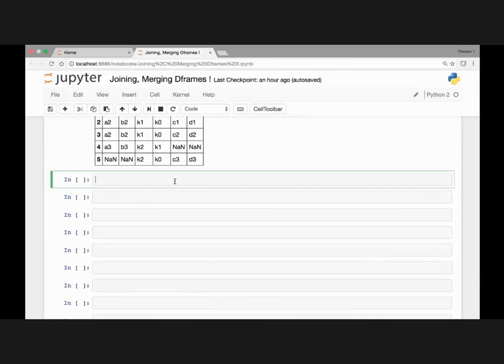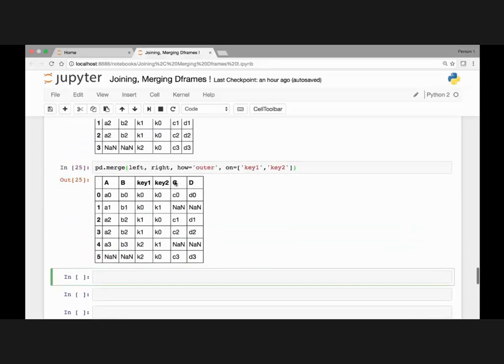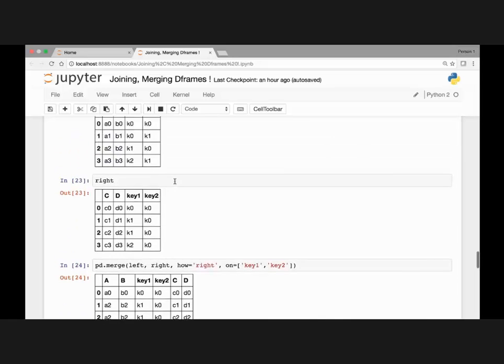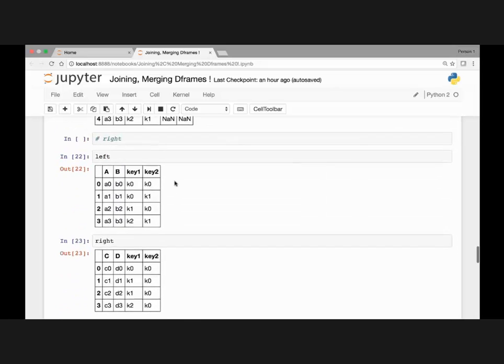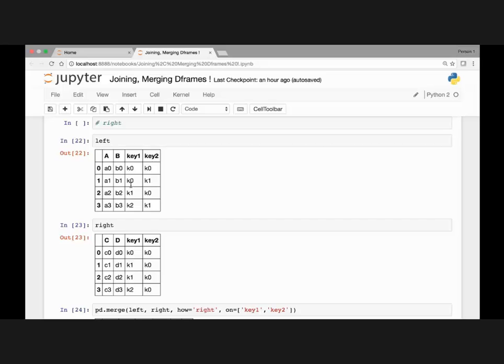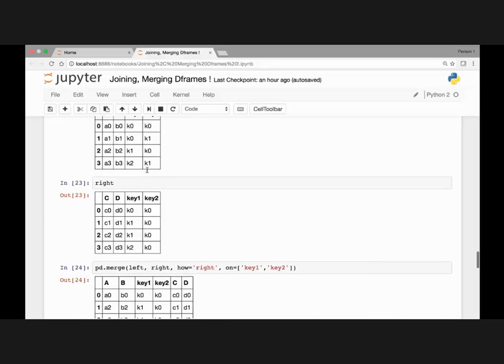Finally, let's look at the inner value for the how argument. So inner will only consider key 1 and key 2 combinations that are present in both data frames or tables. Okay? So in our case, which key 1 and key 2 combinations are common in both? So let's see. In the left data frame, we have K0 and K0. Do we have that in the right data frame?